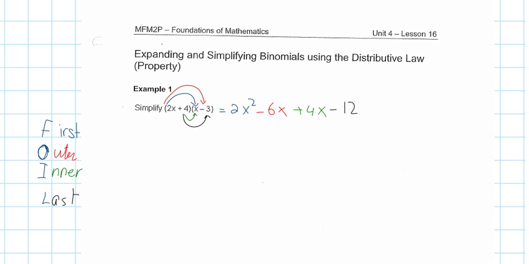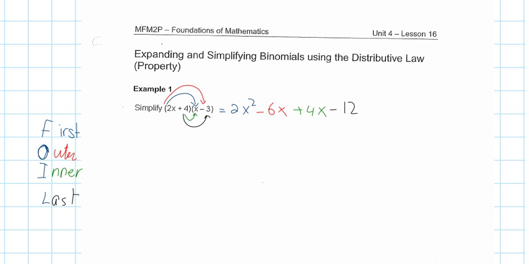So first, outer, inner, last, that's what FOIL stands for. And as you can see, if you look at the first term, which is the 2x, there's two arrows coming out of it. One toward the first term, one towards the second term in the second bracket. And then if you look at the second term, which is 4, again, two arrows are coming out of it, to multiply each one of the terms in the second bracket.